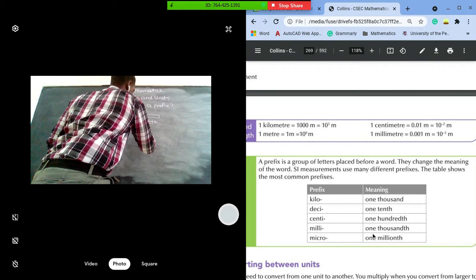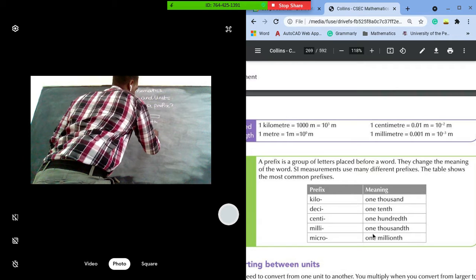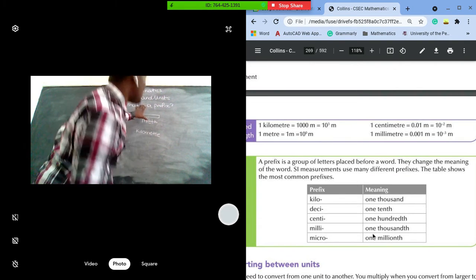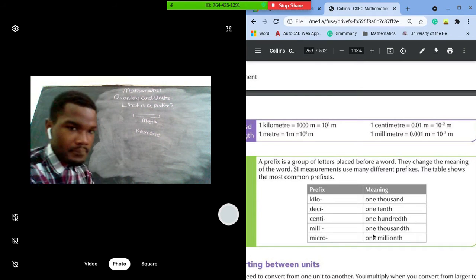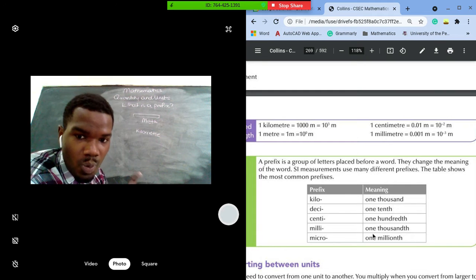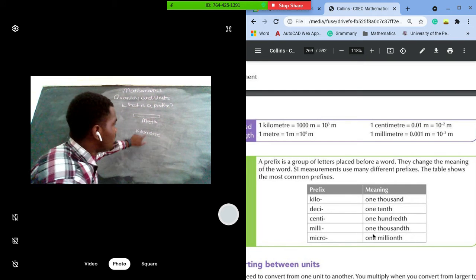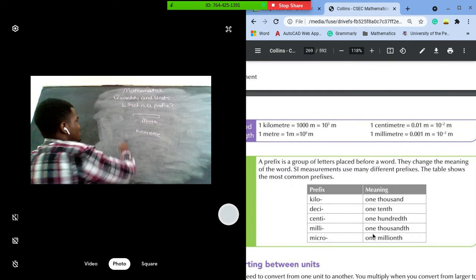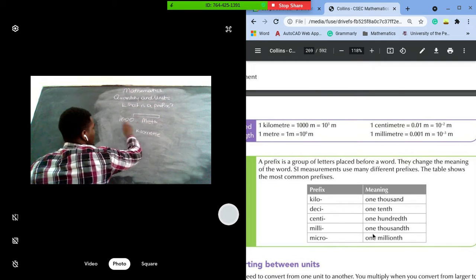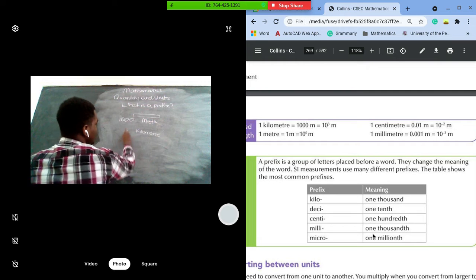boxes. Right. A kilometer now is going to be smaller or larger than a meter? Larger, sir. It's going to be larger because 1,000 of these would give me one of these. Let's put that: 1,000 millimeters, sorry, 1,000 meters give me 1 kilometer.